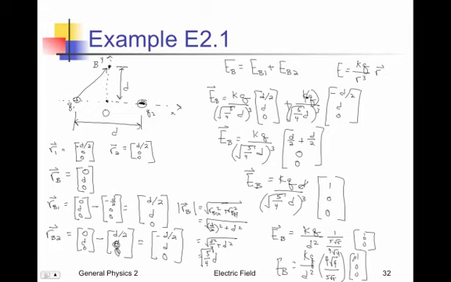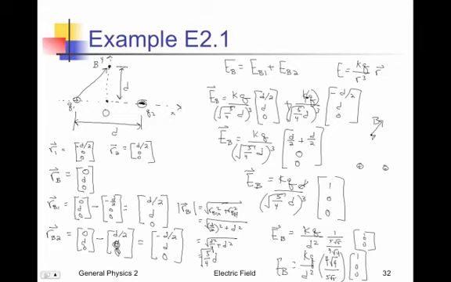Okay, so now let's see if that makes any sense. It tells me here that my electric field is only in the x direction. So let's think about this. If I draw it right over here, I have two charges, a positive and a negative, and here's my point B. The electric field at B due to this charge is going to be this way.